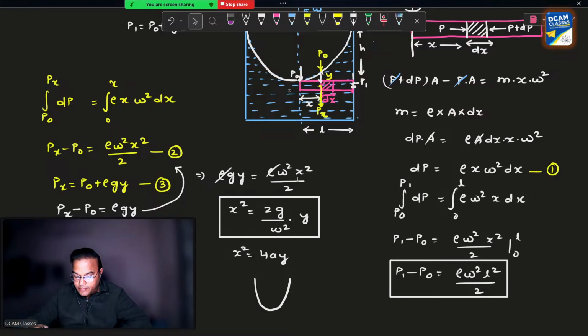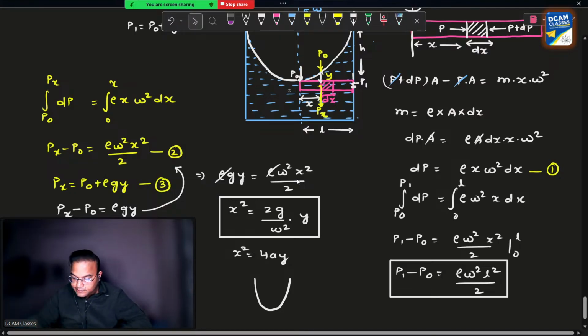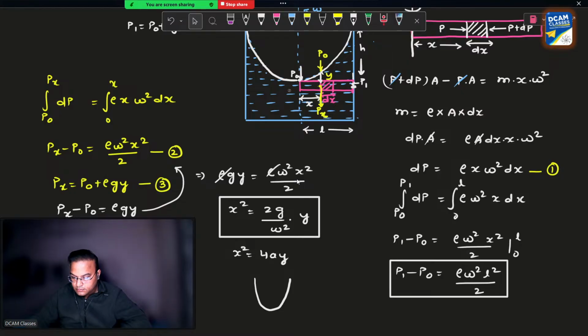Then we'll move on to the tougher one. The question that they have given, you've already solved it.